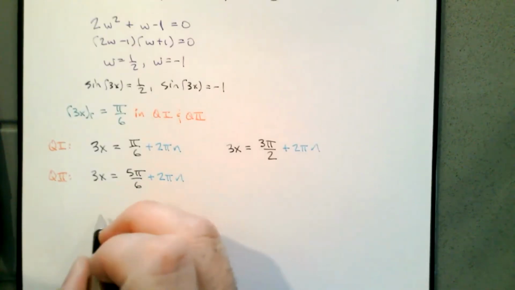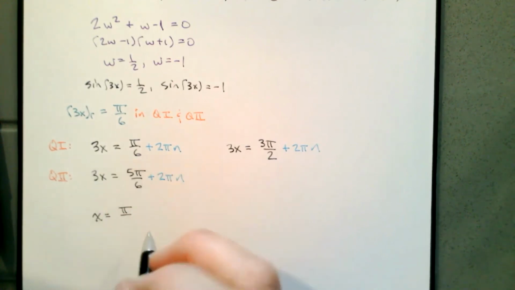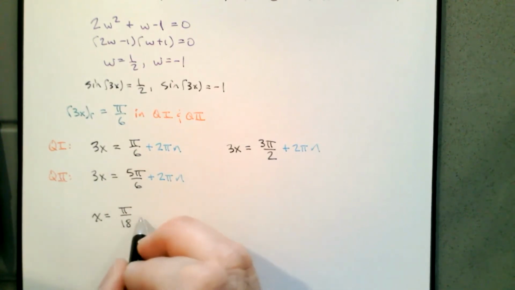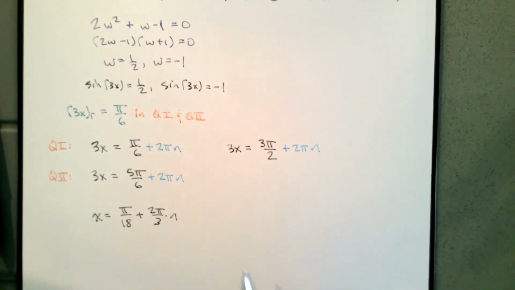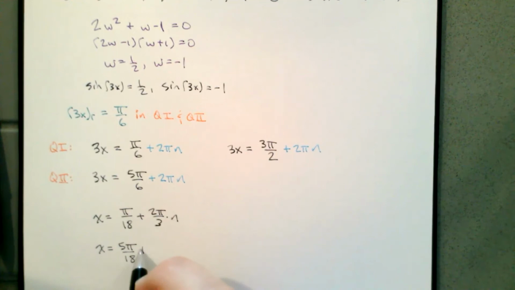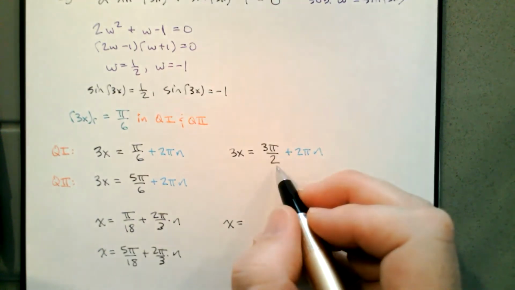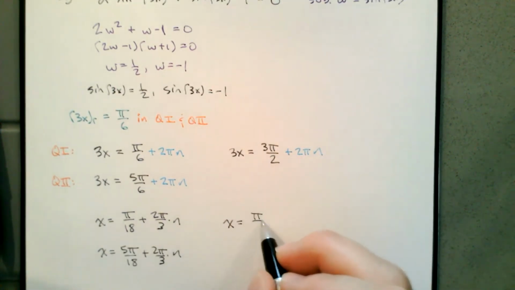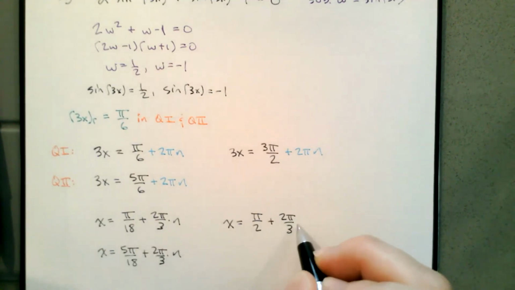So for my quadrant 1 stuff, I get x by itself will be pi over 6 divided by 3 is going to be pi over 18 plus 2 pi over 3 times n. My 5 pi over 6 will be 5 pi over 18 plus 2 pi over 3 times n. And here, 3 pi over 2 divided by 3 will be pi over 2 plus 2 pi over 3 times n.